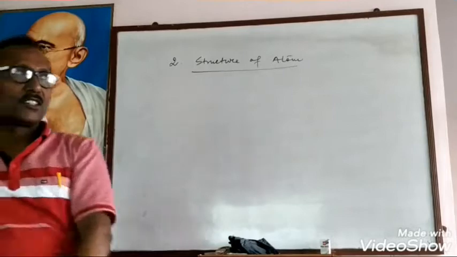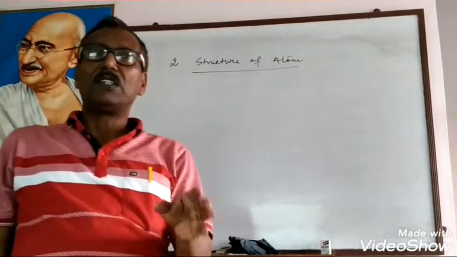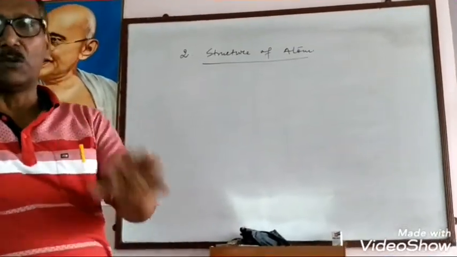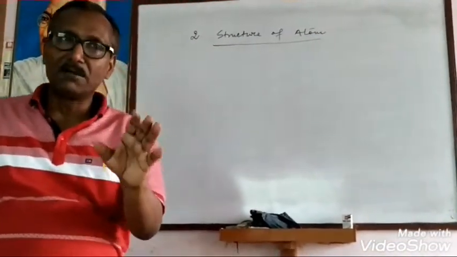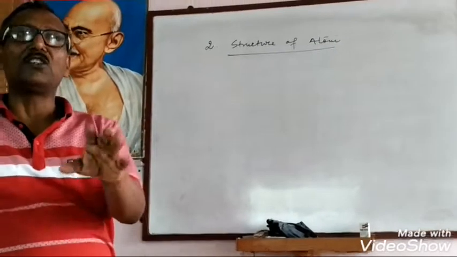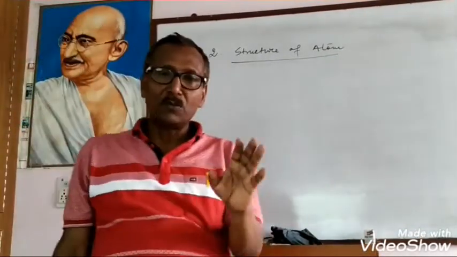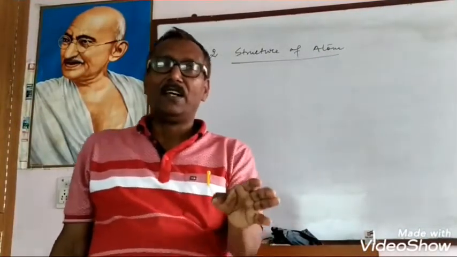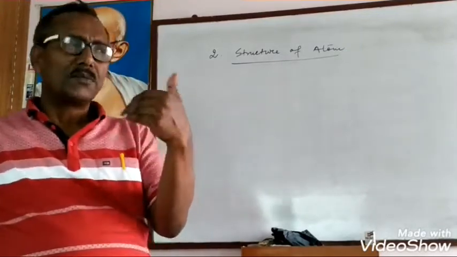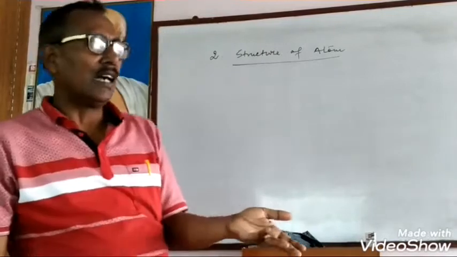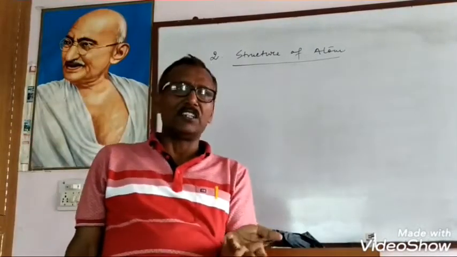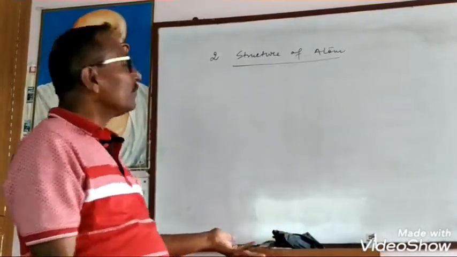In a structure of atom, first we discuss Dalton's atomic theory. You might have learned Dalton's atomic theory. There are at least 5 or 6 points we generally discuss in Dalton's atomic theory.